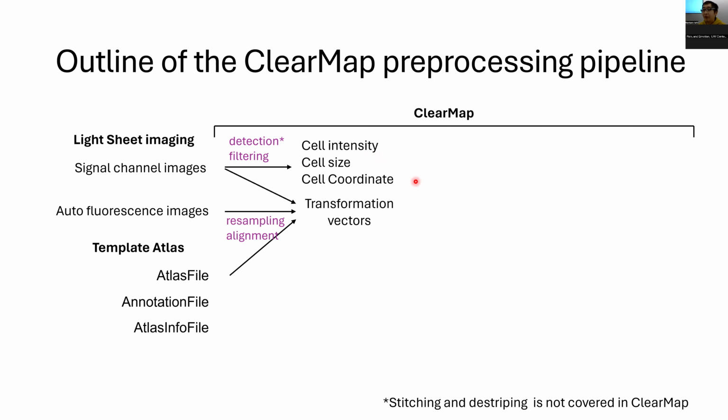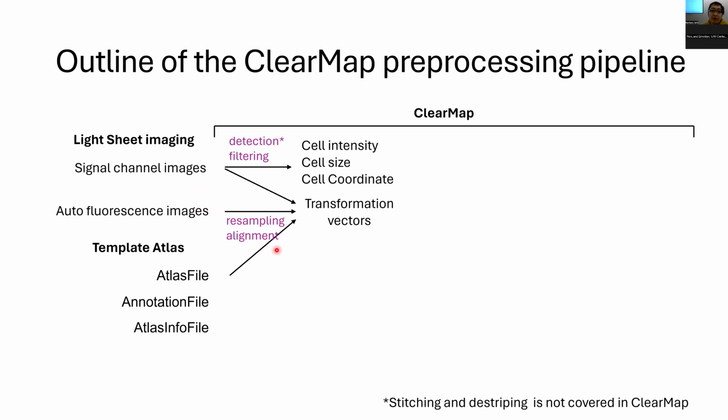The other thing you will do in parallel will be the alignment. Basically what you're trying to do is align these two images onto the atlas file. You might think that you only need the autofluorescence image file to align to the atlas file. But in reality, there are cases where the signal channel image is a bit offset from the autofluorescence images. So what it actually does is align the signal images onto the autofluorescence images, as well as aligning the autofluorescence images onto the atlas images.